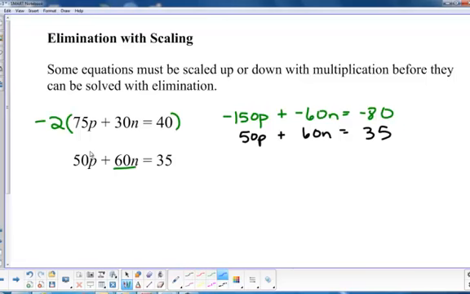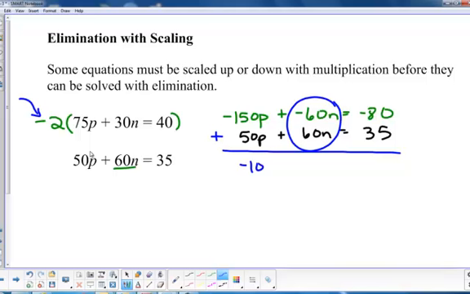So now we're going to eliminate through addition. If you decided to multiply through by a positive, you would eliminate through subtraction. But addition is what makes this cancel. So we would have negative 100p equaling negative 45.